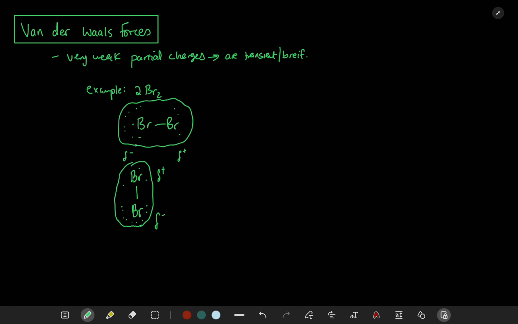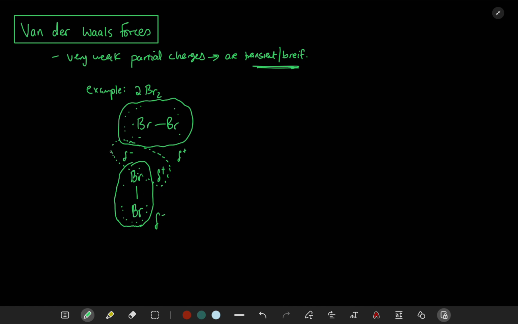So now these partial charges, again very brief, very instantaneous, will begin to attract. There's a certain degree of attraction between these two partial charges, just like we saw in polar molecules, right? And so, again, the important thing is that they're very brief and very transient, because these electrons are only going to be here for a split second, and they're going to navigate to the other side of the molecule, and it's all random distribution.